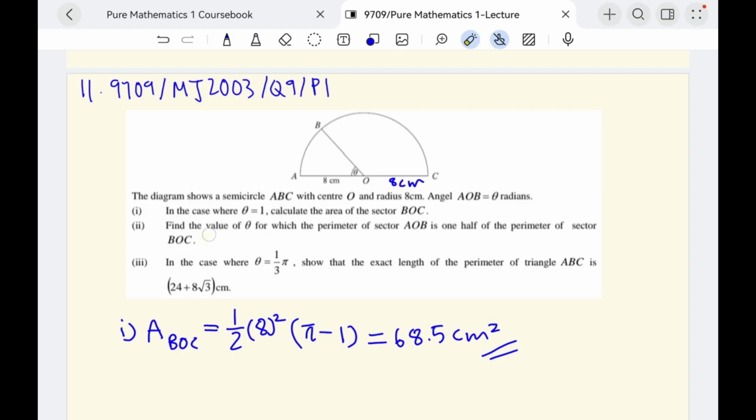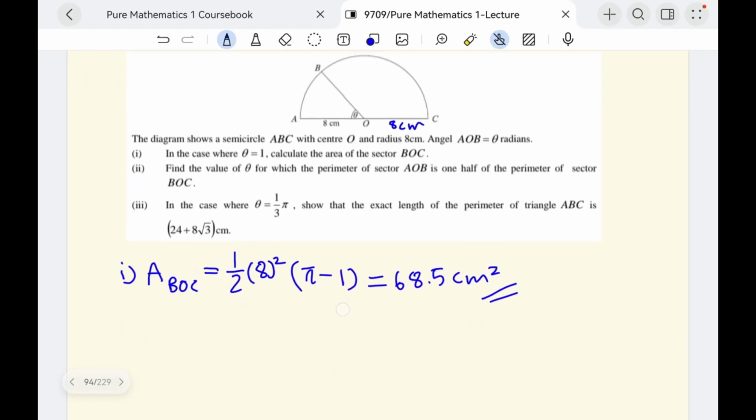It wants you to find the value of theta for which the perimeter of AOB, the sum of this and this, is 1/2 of the perimeter of the sector BOC. So this sum of these three lengths is half of these three lengths.